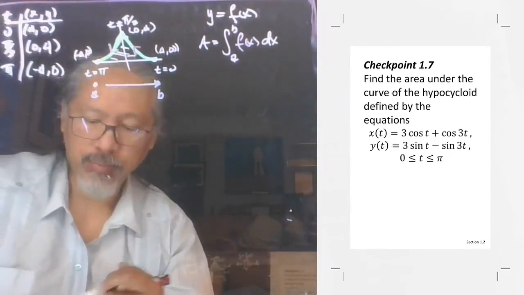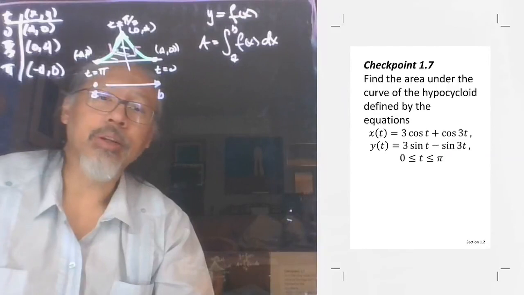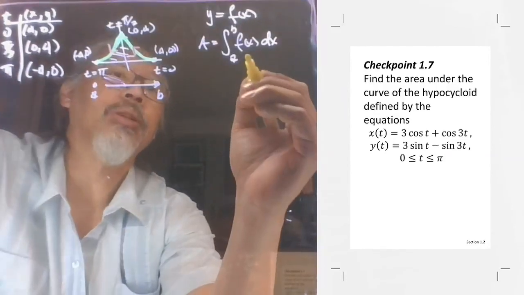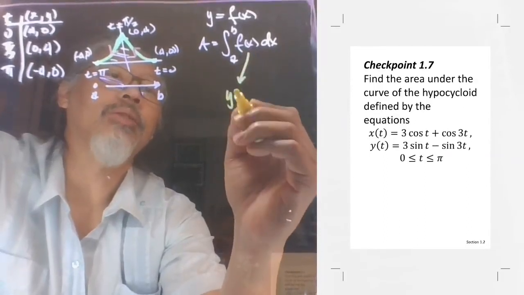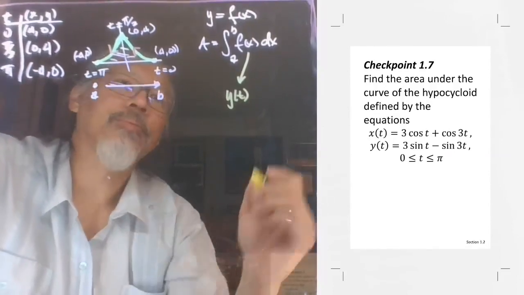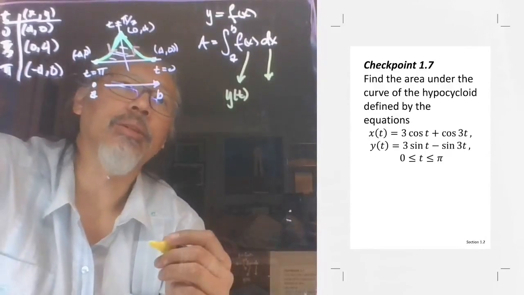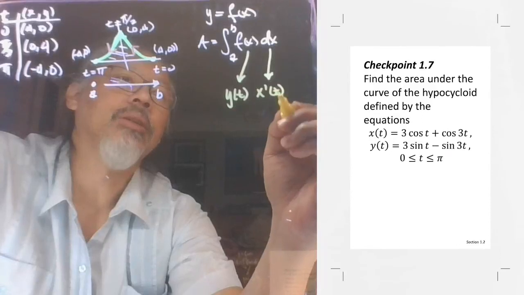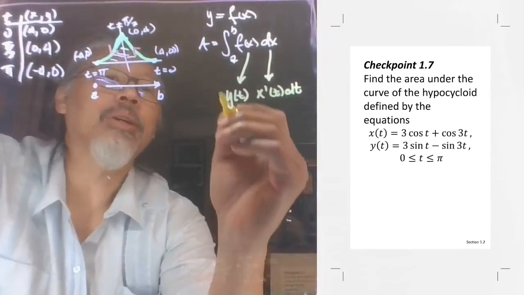Now since we have parametric equations, we're going to shift this to the parametric equation form. And so this f of x is actually y of t, and dx is actually the differential, x prime of t dt. Okay, and now we're going to integrate.